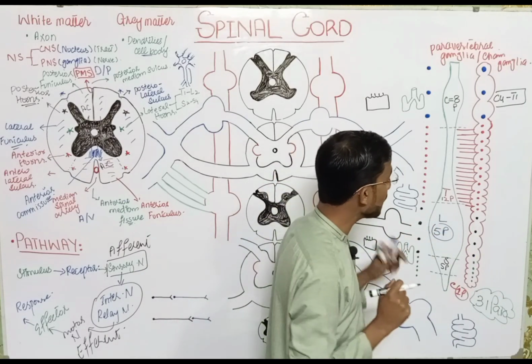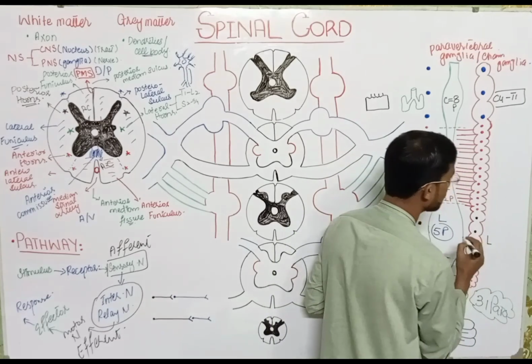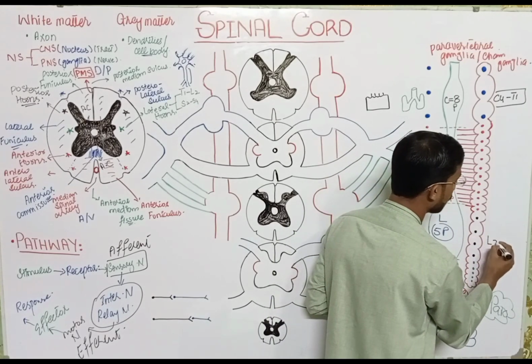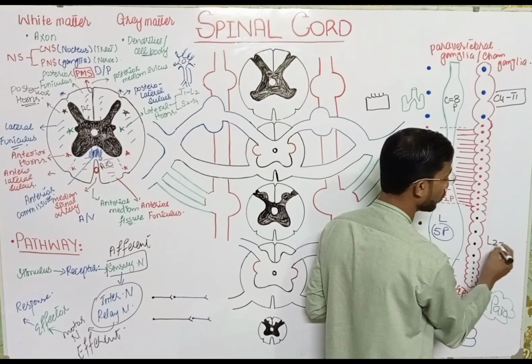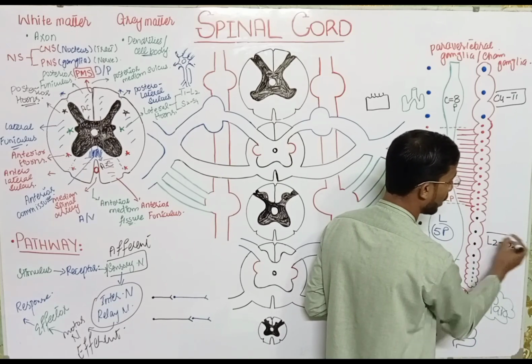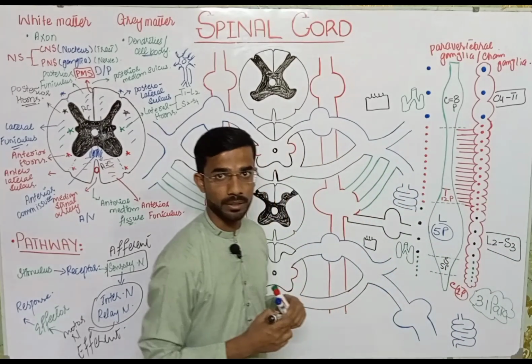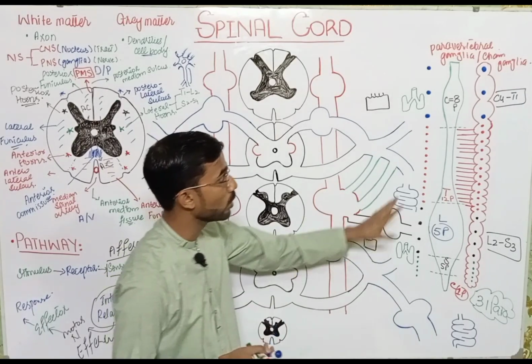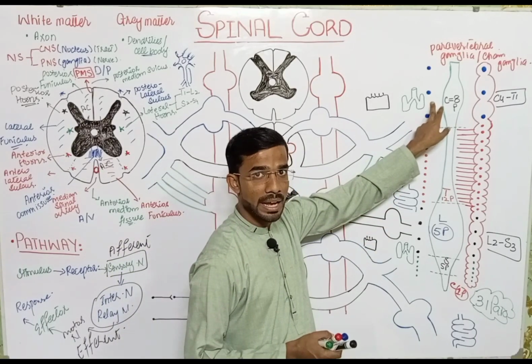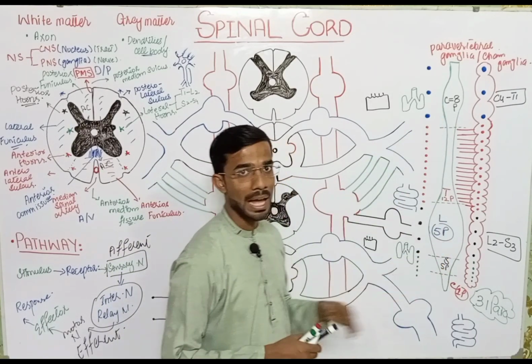At the lumbar region, from L2 to S3 level, you will see another enlargement. So these are the two: the cervical enlargement and the lumbar enlargement.